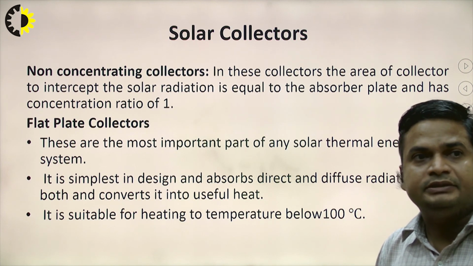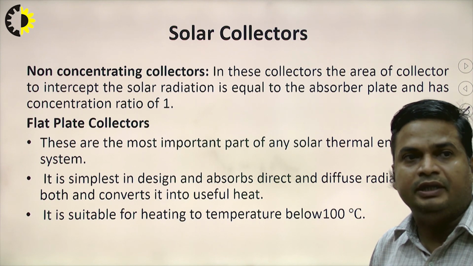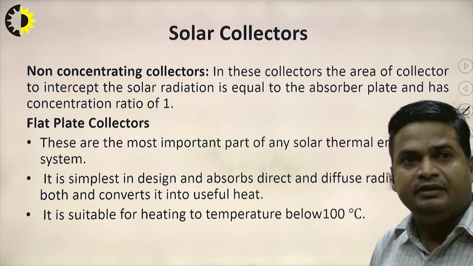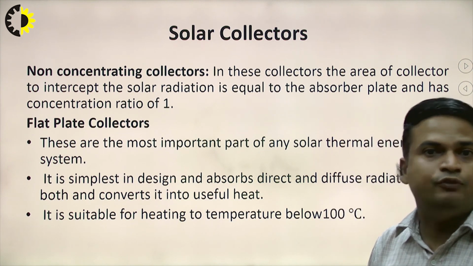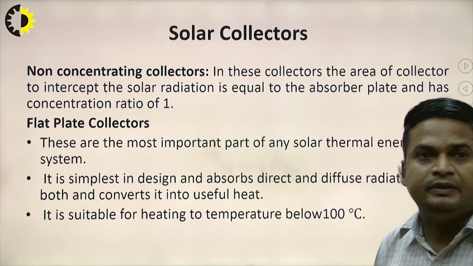Flat plate collectors are the most important part of any solar thermal energy system. It is one of the types of collector. It is simplest in design and absorbs direct and diffuse radiations both and converts them into useful heat.